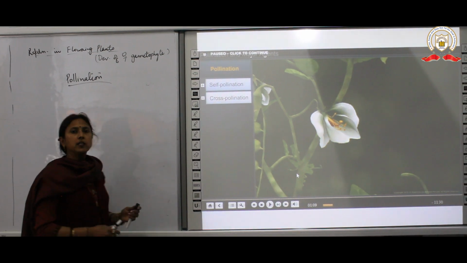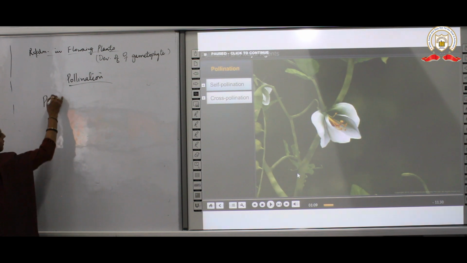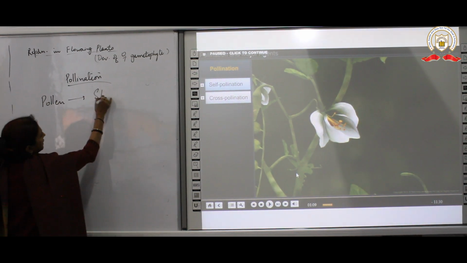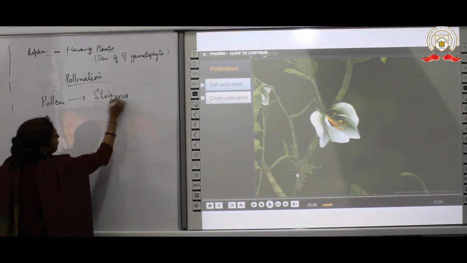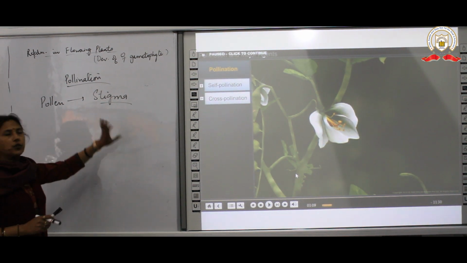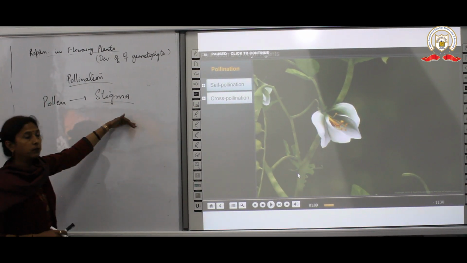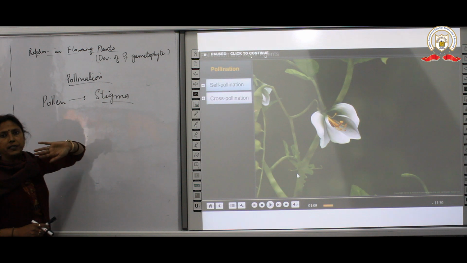So what is pollination? Pollination is the transference of pollen to the stigma. Since it is a pre-fertilization event, it does not involve the fusion of gametes, that is part of fertilization. So pollen getting transferred to stigma is known as pollination.